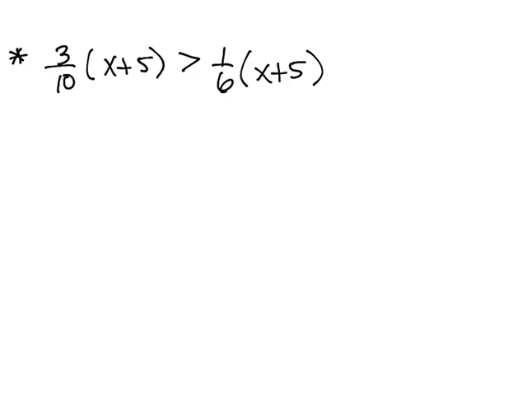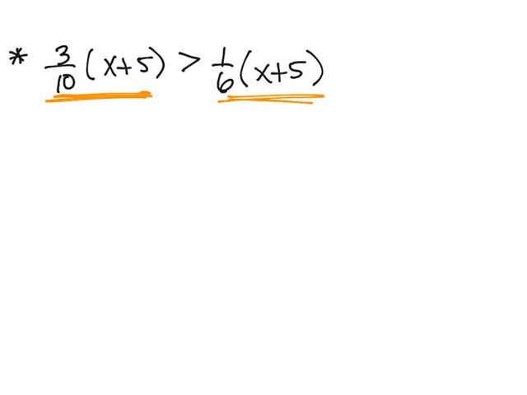Now, you do have fractions, and I do want you to clear them out, but how many terms do you have? 2. I don't want you to take your common denominator and multiply it inside. This is one term, and this is one term. You're only going to multiply that common denominator to the fraction outside. Does that make sense? What would the common denominator be?